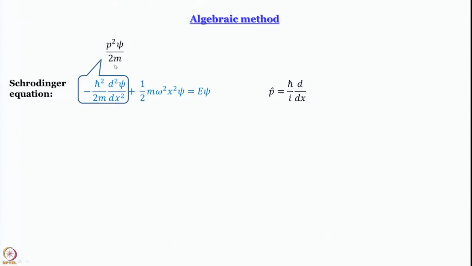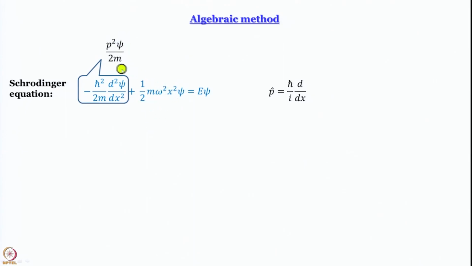So, p square psi by 2m is the first term, and while writing the second term, eventually we want to write it in some simple form, right. So, look at the second term, we have omega square and x square and we have m. It can very easily become m omega x whole square if I divide it by another m, and the good thing is if I do that, the second term will also have 2m in the denominator.